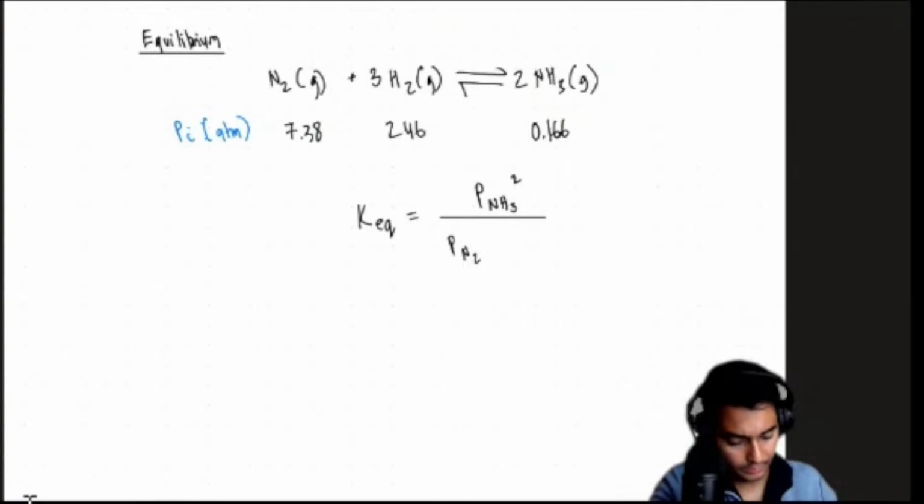Oh, hold on a sec. I got these numbers mixed up. This one for N2 gas is 2.46. Okay, so that's going to be divided by 2.46 times 7.38 to the third power.